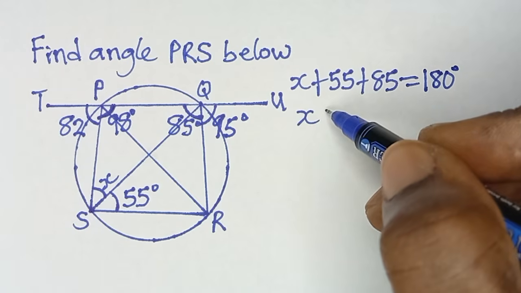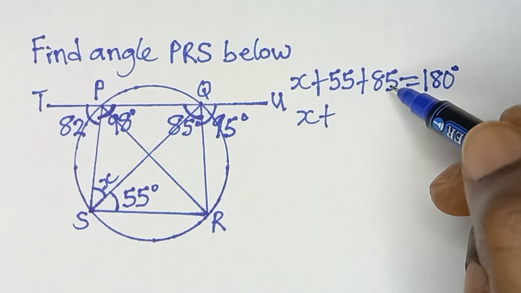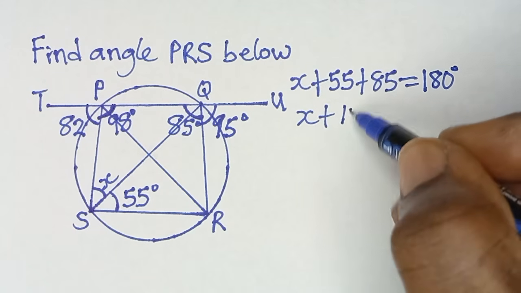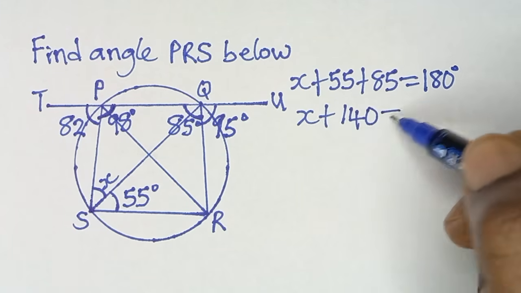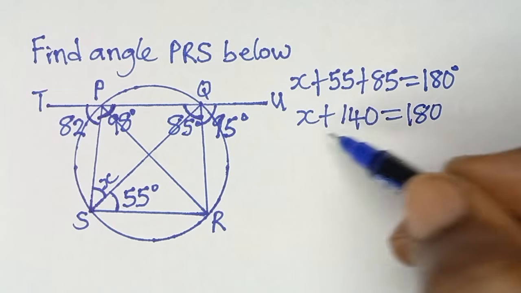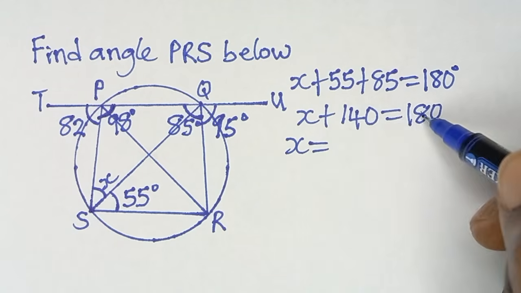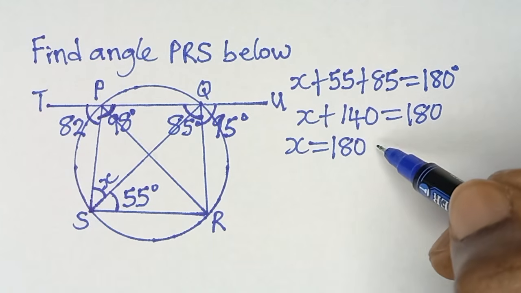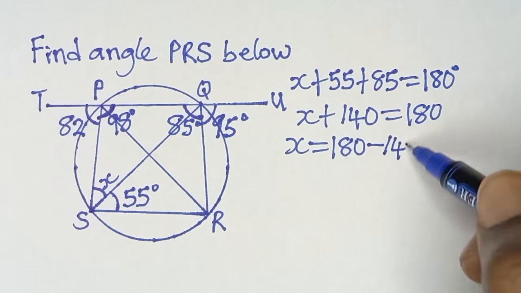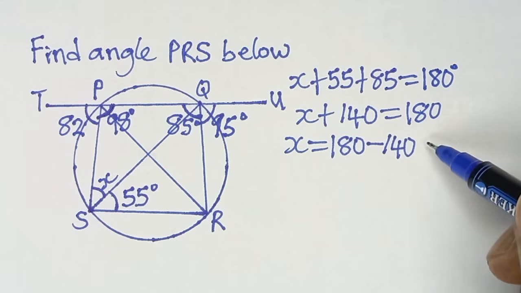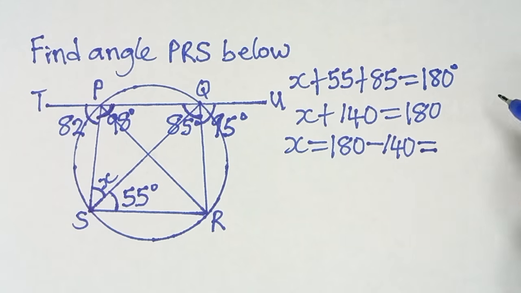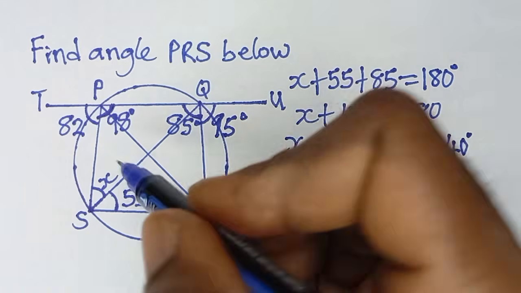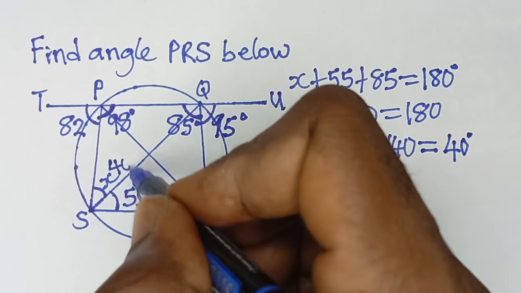So x plus 55 plus 85 is going to give us 140 degrees, and that is equal to 180. So x will be equal to 180, and when this plus 140 comes to this side, it becomes minus 140. So 180 minus 140 is going to give us the value of x as 40 degrees. So that means this angle here is 40 degrees.